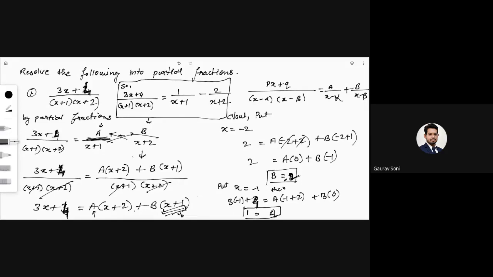I'll go to some other example. Sir, actually, I have a doubt. Can you just go to the previous page?